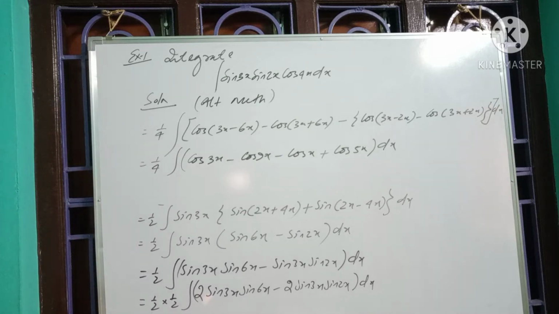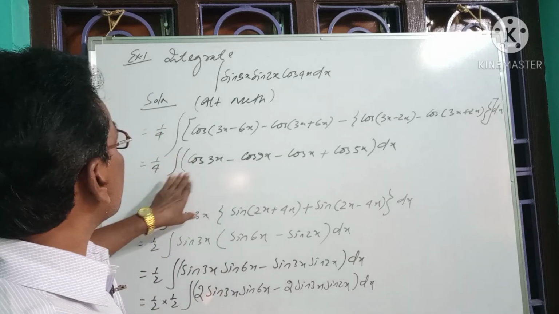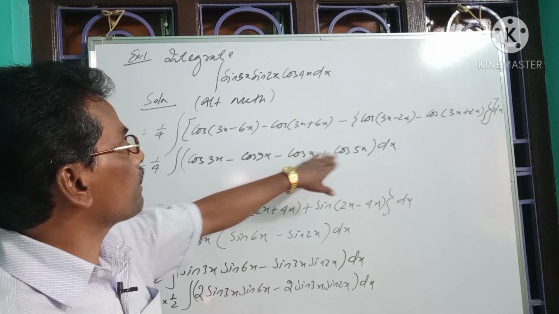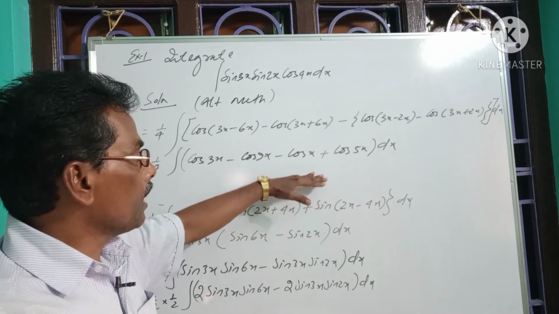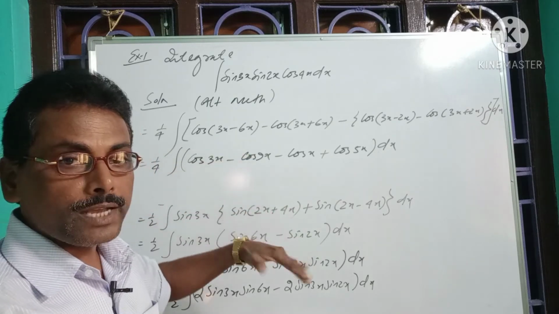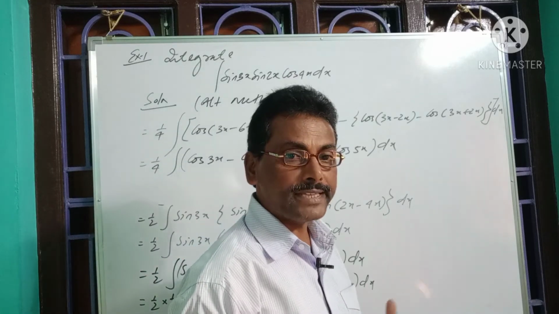So now after transforming, we got cos 3x minus cos 9x minus cos x plus cos 5x. All the 4 functions are cosine functions of x in the form of multiple angles, and these are all integrable by using the formula that integration of cos mx with respect to x is equal to 1 by m sin mx plus c.